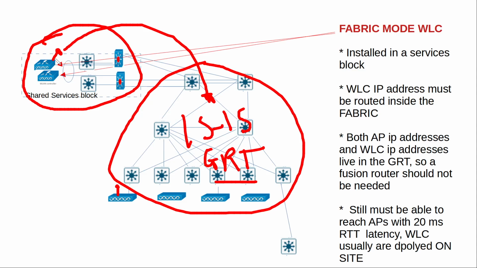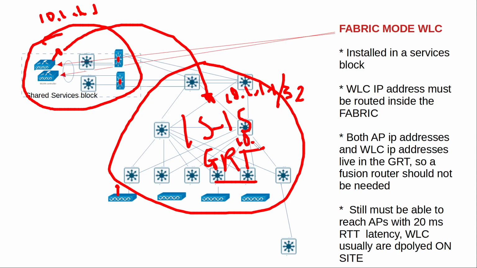So for instance, if this wireless LAN controller had the IP address 10.1.1.1, then that IP address 10.1.1.1/32 should and must exist in the global routing table. You can also inject summaries, and that still will work.